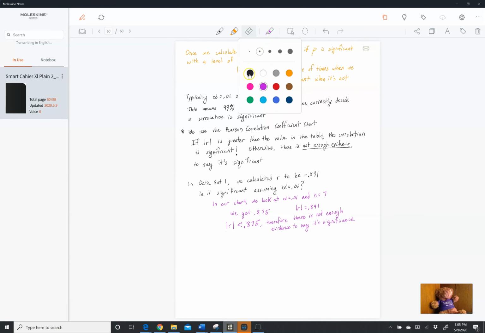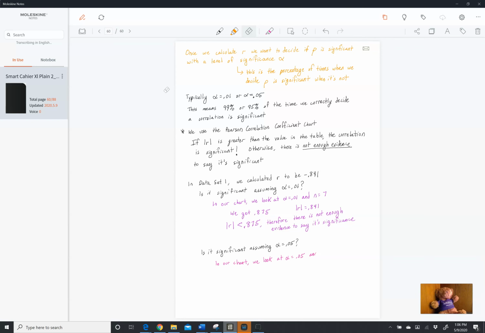Now let's ask the same question, but this time, is it significant? Assuming alpha equals 0.05. So in our chart, we look at alpha equals 0.05 and n equals 7.